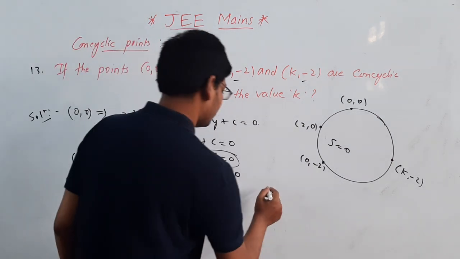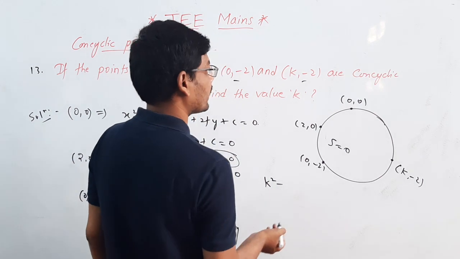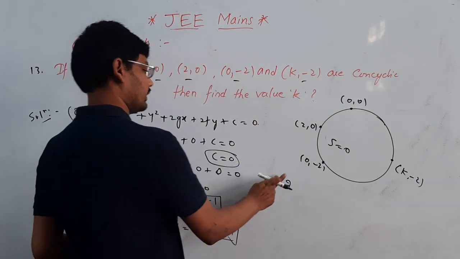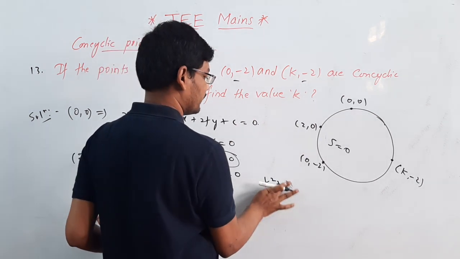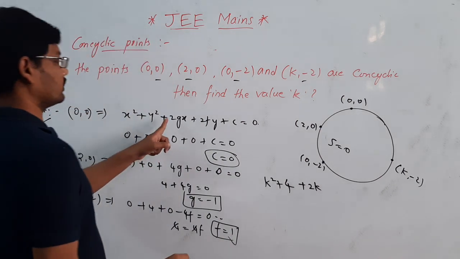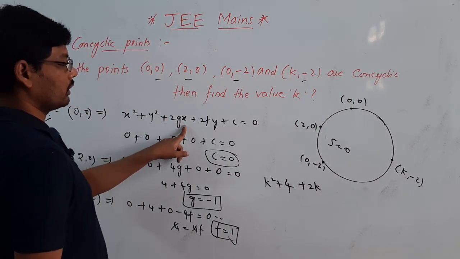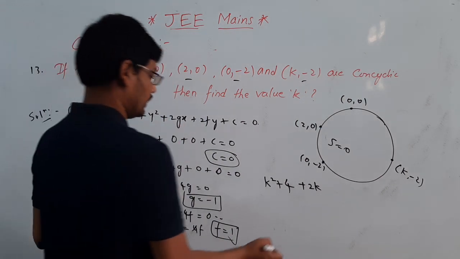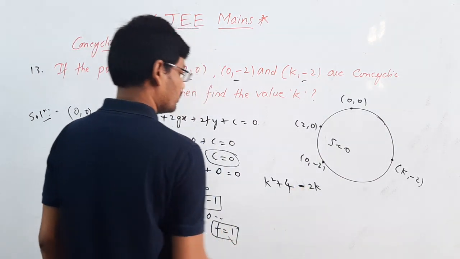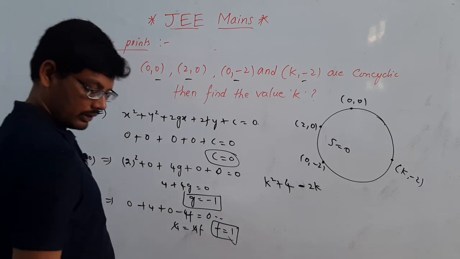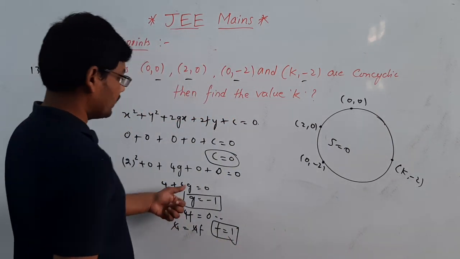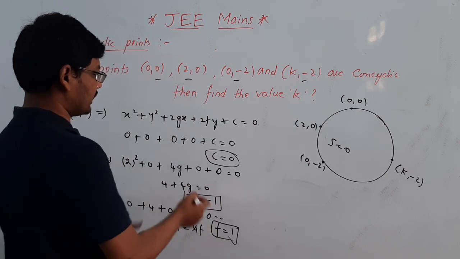Let's substitute the fourth point. Just substitute the g, f, c values in the equation.